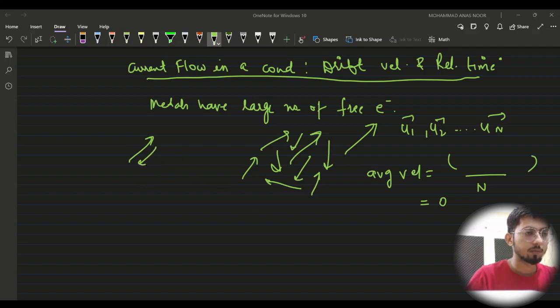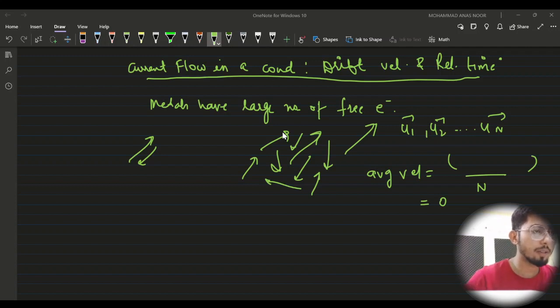Otherwise they would generate a current without anything. There is no net flow of charge in any direction.